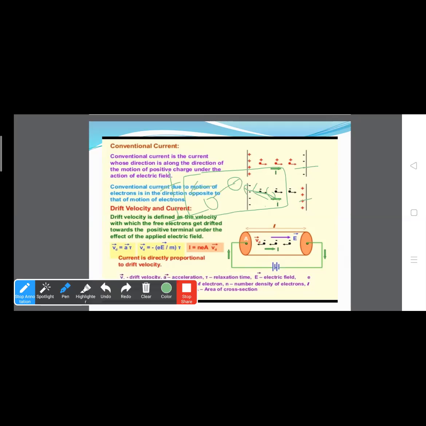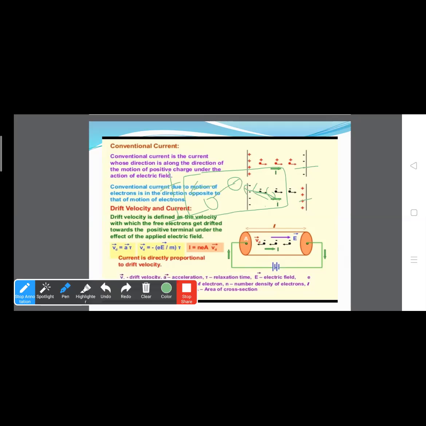Okay. So under the effect of the electric field, the free electrons have random thermal velocities and acquire a small velocity. Clear? With this they move towards the positive end of the conductor. Right? These velocities are different in different directions.